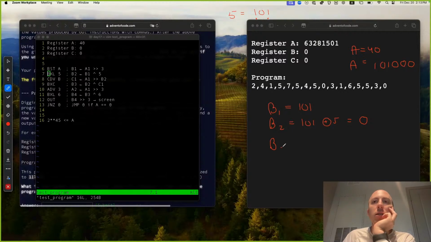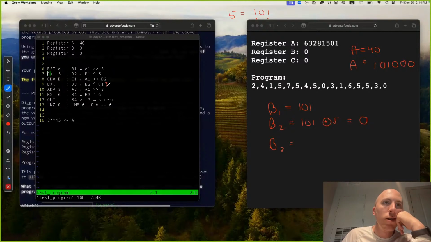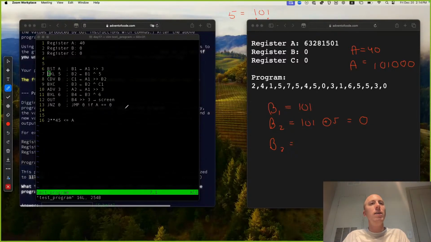So now we have B3 is equal to... oh wait, I failed to factor in C. It doesn't matter what C is, but C does get set by A1 and B2.